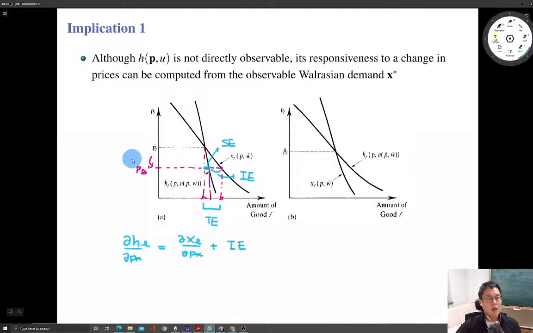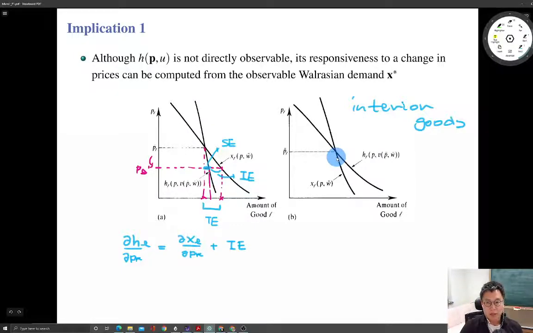So that gives us a flatter Hicksian demand compared to the Walrasian demand. So in the case of an inferior good, Hicksian demand is flatter than Walrasian demand.